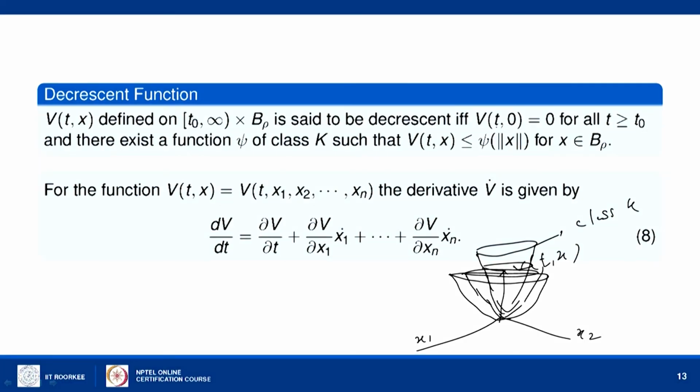So, for example, let us take this example V(t, x1, x2). First we have seen that it is 1 plus sin squared t into x1 squared plus 3 x2 squared. As we have seen, it is a positive definite function. Now, it is also decreasant because it is less than or equal to, first we have written that it is greater than or equal to x1 squared plus x2 squared.